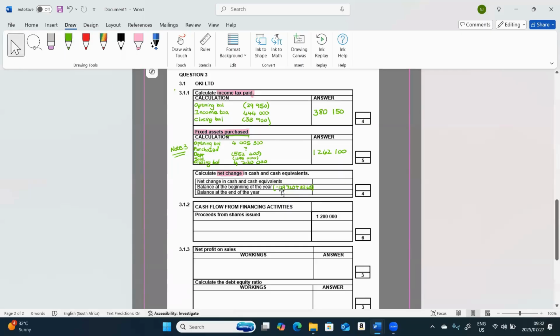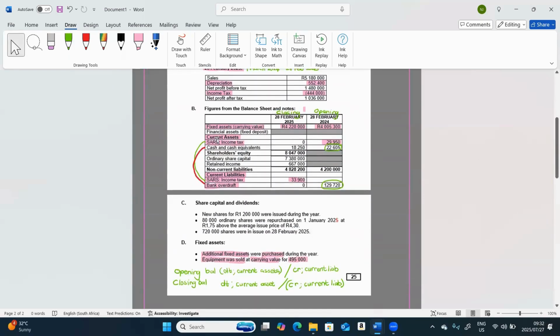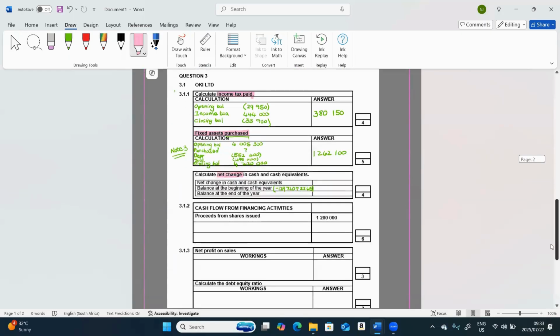So guys, please, that is what you do when you have two balances. One balance under current assets for cash and cash equivalents, right? And then one balance under current liabilities. All you do is you just say negative 129,720 plus 22,605. Let's quickly get the answer for the opening balance.